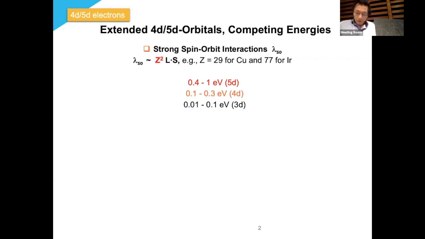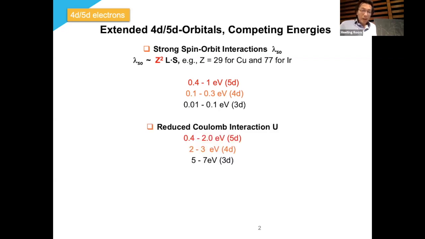And then also, these are materials that have extended orbitals, so the Coulomb interactions are largely reduced. For instance, for 5Ds particularly, the Coulomb interaction U is largely reduced compared to that for 3Ds.